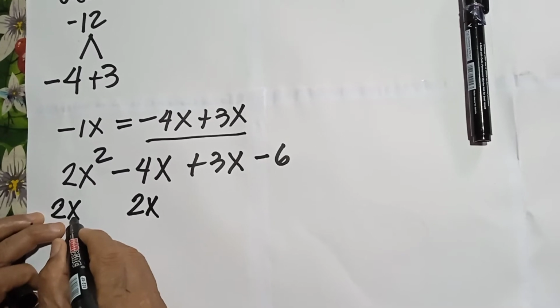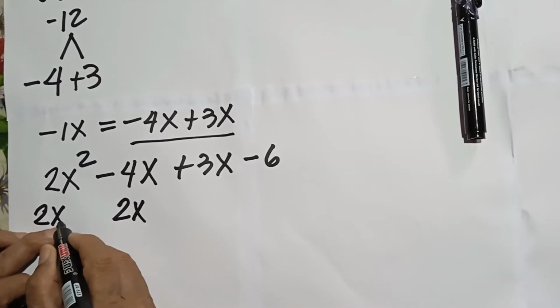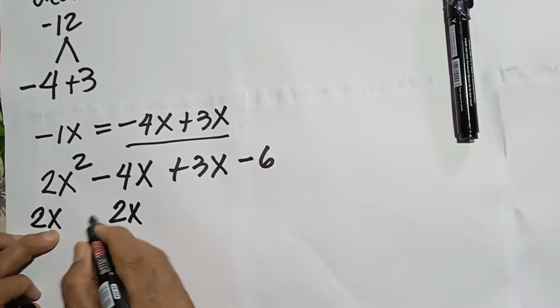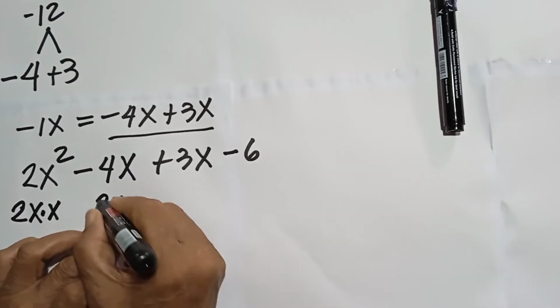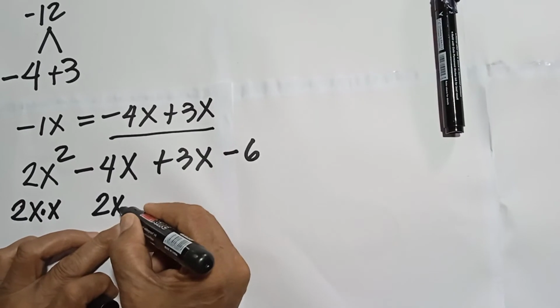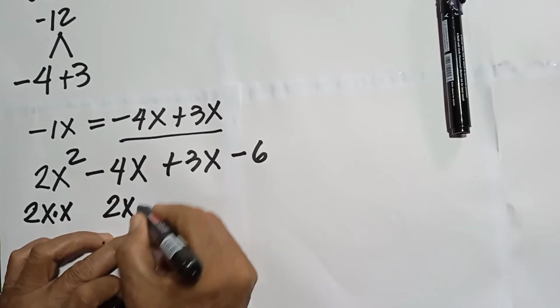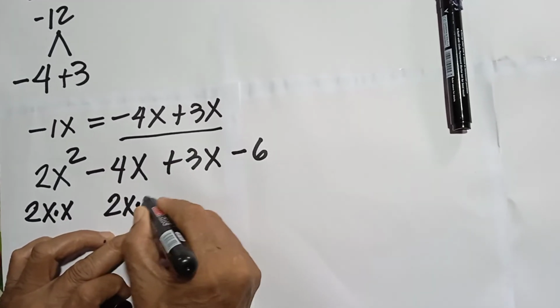What should be multiplied to 2x to get 2x squared? Multiply it by x. And what will we multiply to 2x to get 4x? That is 2.